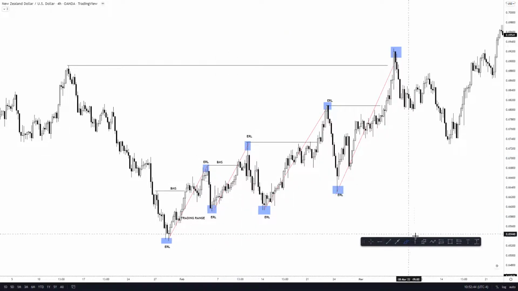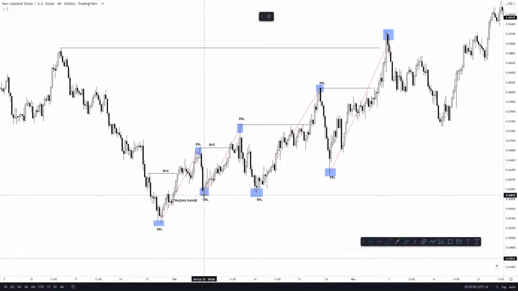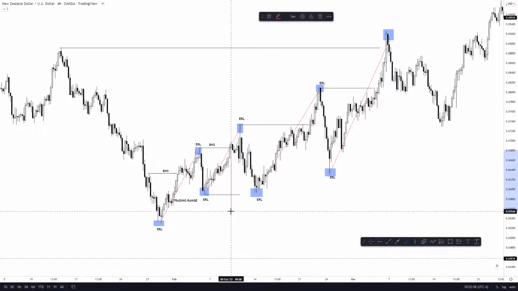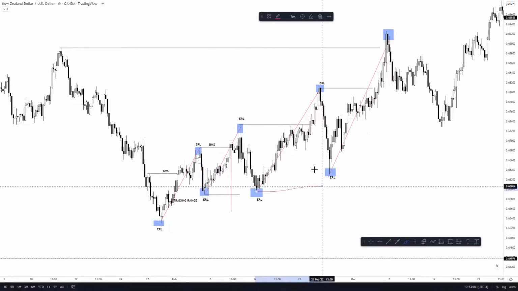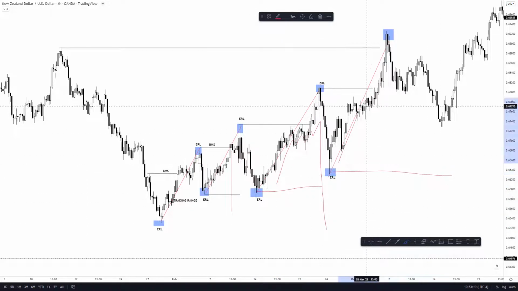If price has broken this low, that's where we will look for sells. Otherwise we will not look for sells. If price broke this low only, then we will look for sells here. If price breaks this low, the higher low, right?